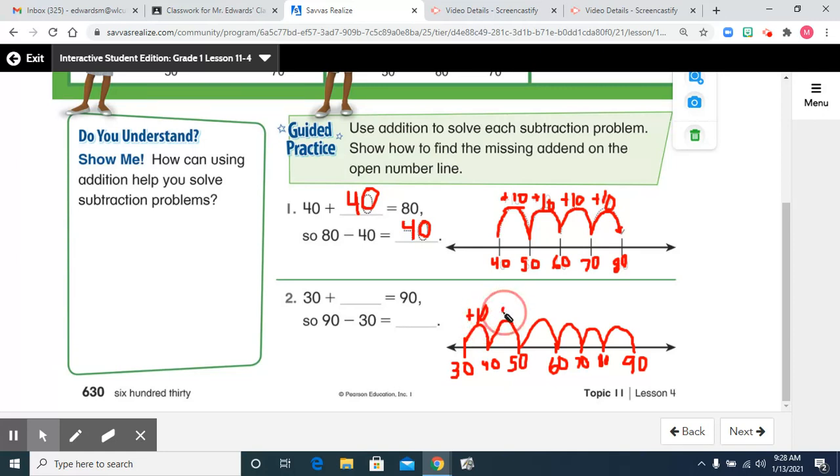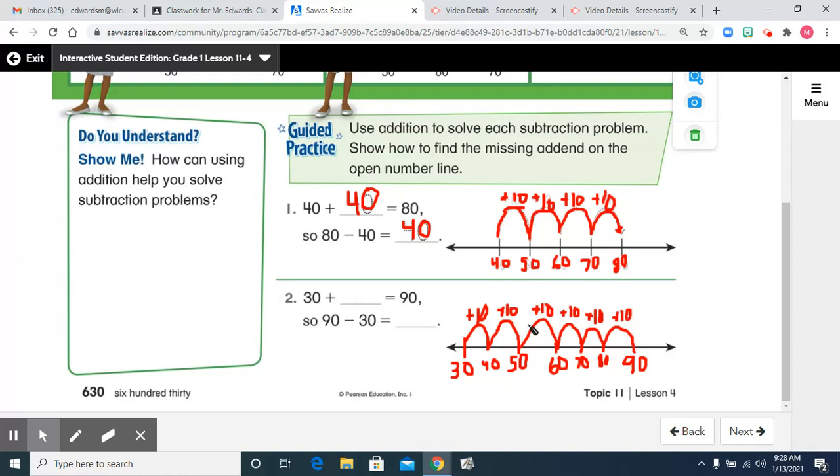So plus 10, plus 10, plus 10, and one more, plus 10.